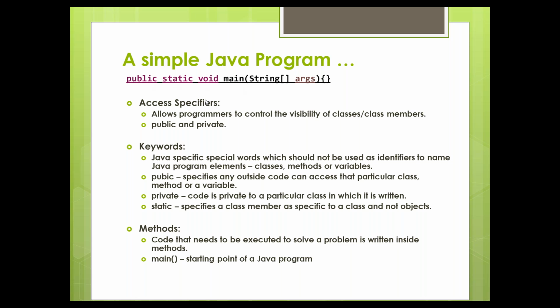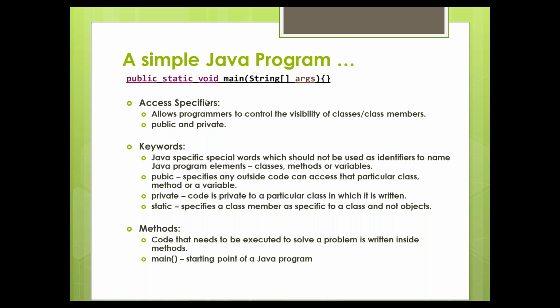There is something called access specifiers. What do access specifiers give us? They make a particular class, method, or variable visible to other code. For example, when you qualify a particular method or class as public, that class or method can be accessed by any code universally.